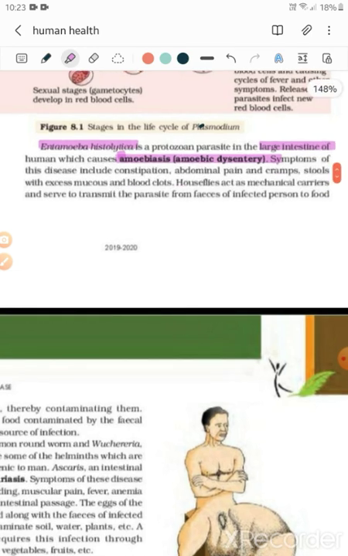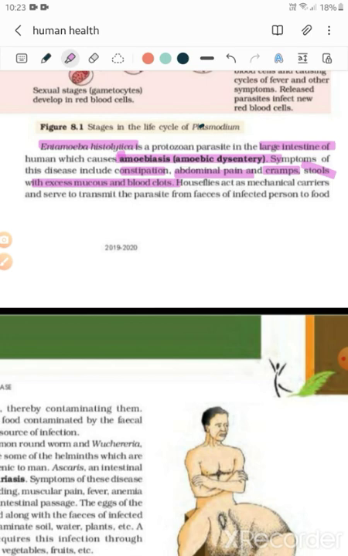So the symptoms of the disease include constipation, abdominal pain, and cramps. We say these are muscle cramps, right? The muscle would cramp due to lack of oxygen. Stools mean a motion with excess mucus and blood clots.